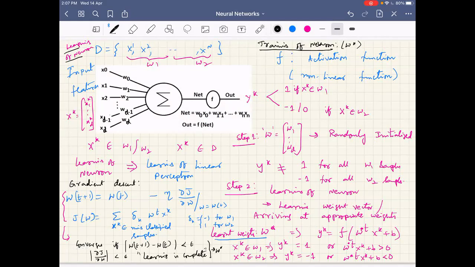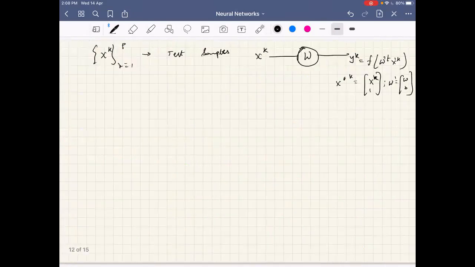Now the questions here are: what kind of activation function, or nonlinear function, should be used, and is preferred? The next question is how to initialize the weights, W naught. Let me write W of 0.